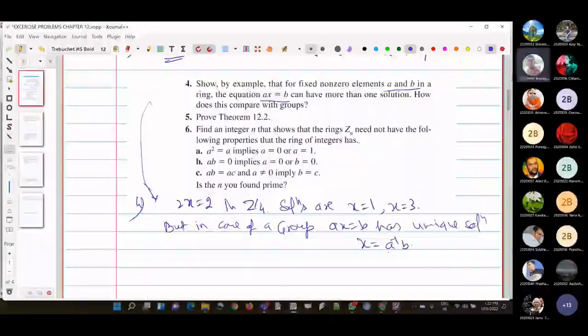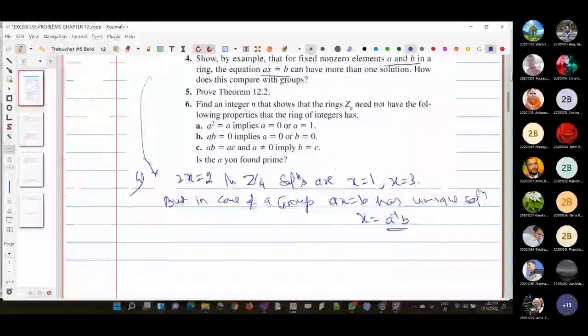You know why we are able to write this: because this is a group under multiplication, and in a multiplicative group, the multiplicative inverse should exist. But in general, in a ring, this is not the case.